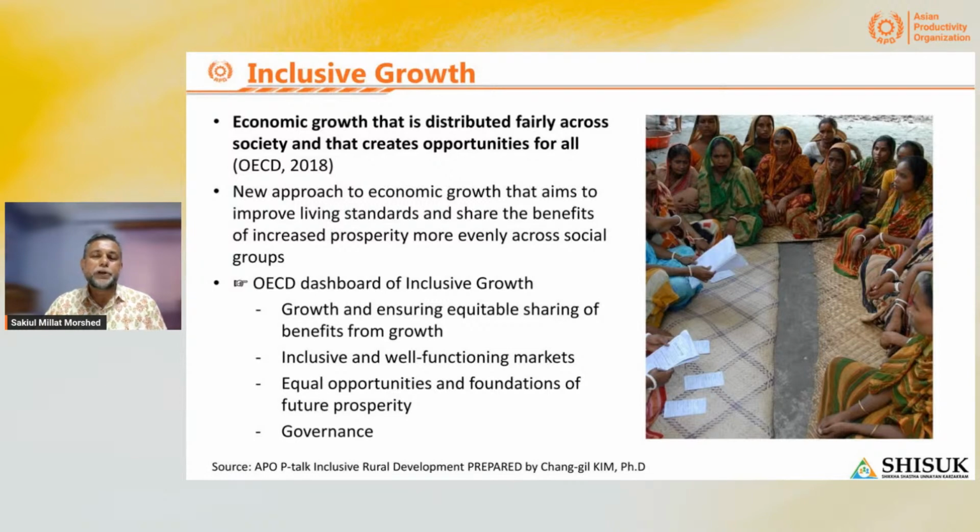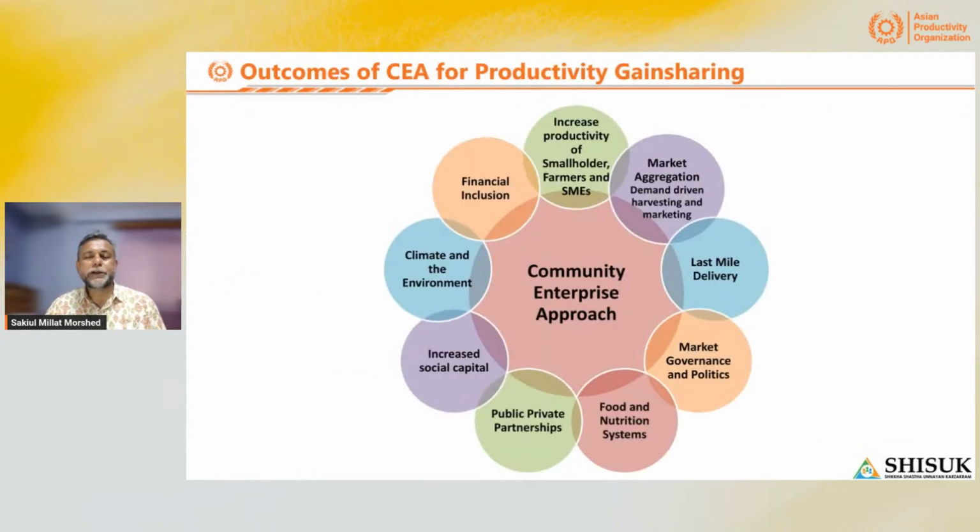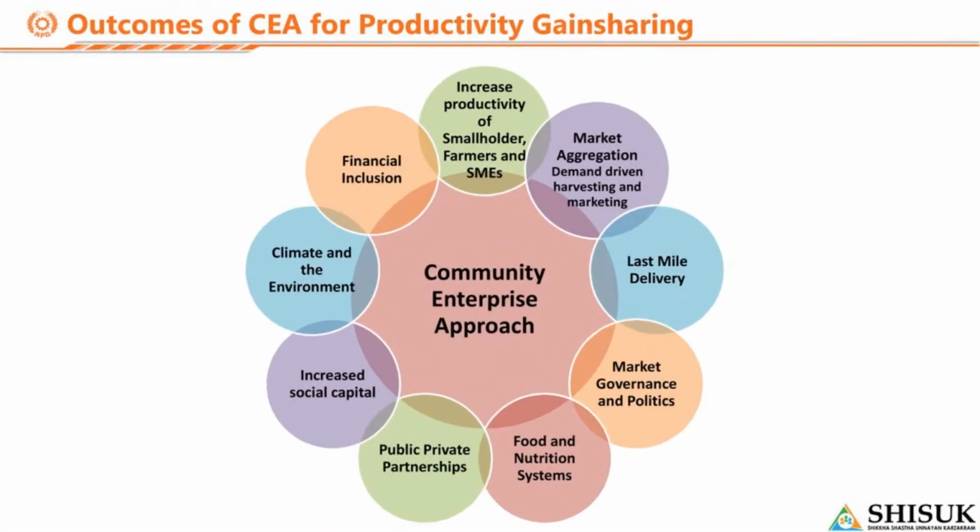This is important: through community enterprise initiatives, it is not a particular person or a particular interest group, but society as a whole that benefits. So the gain is shared across society, and it creates a lot of opportunity. If I look at the outcomes of this community enterprise, it becomes clearer how it helps across society.